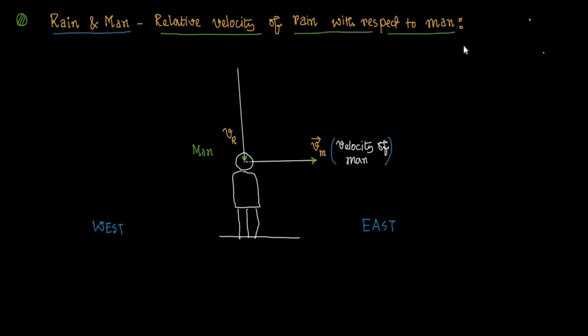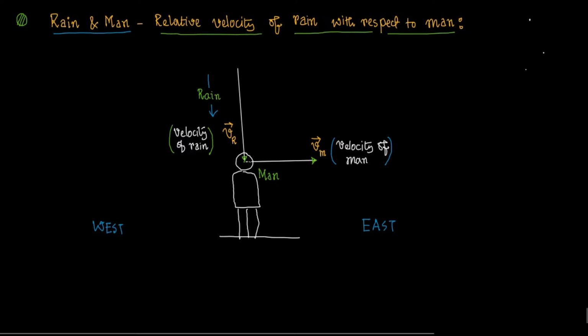In this case, the rain falls vertically downwards with the velocity vector vr, and the man is walking east with the velocity vector vm.